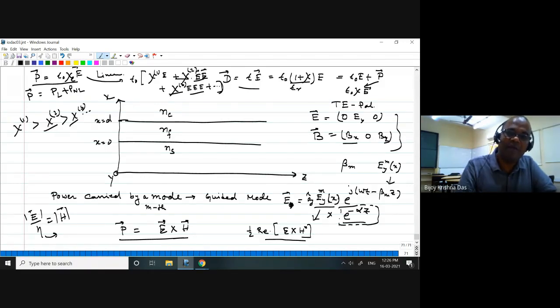Then if you take the real part and divide it by 2, you get the average power flow. Normally, if it is cos omega t multiplied by cos omega t, you get cos square omega t. If there is a phase difference, you have to take the average, 0 to T, divided by T, right?